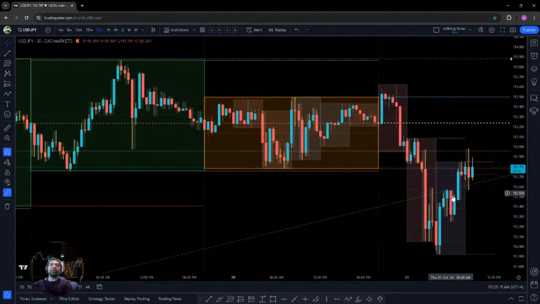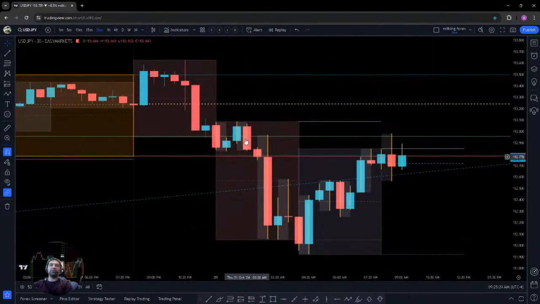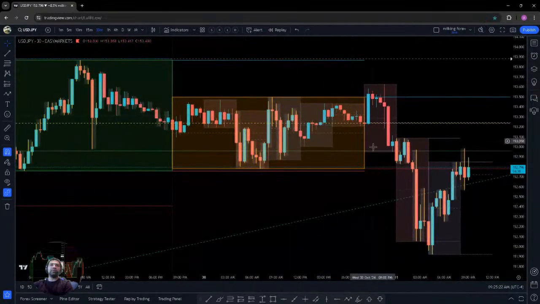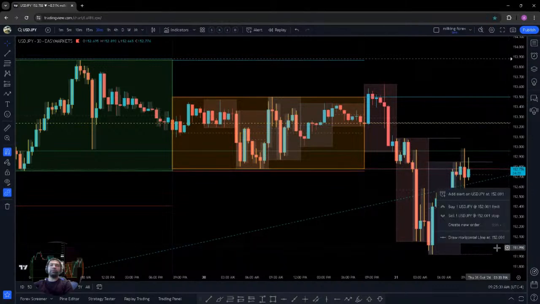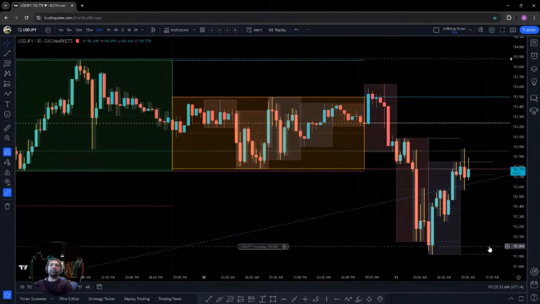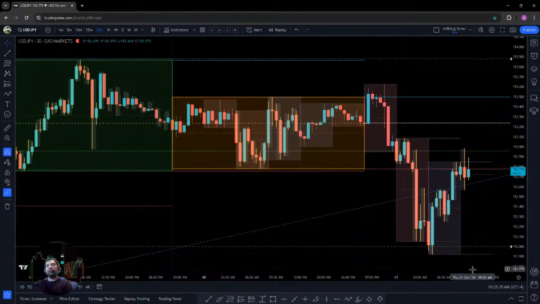Based on the market structure, price is being continuously pushed on the upper side. Although the price was falling, they have made the support right here, 152,000, right? They have made the support right here.